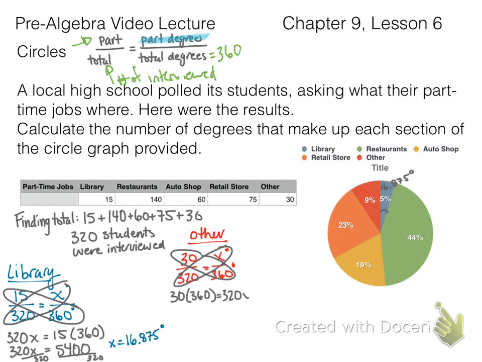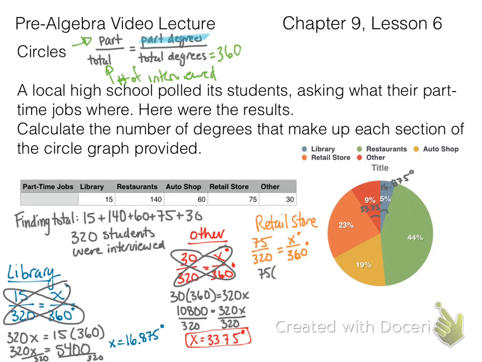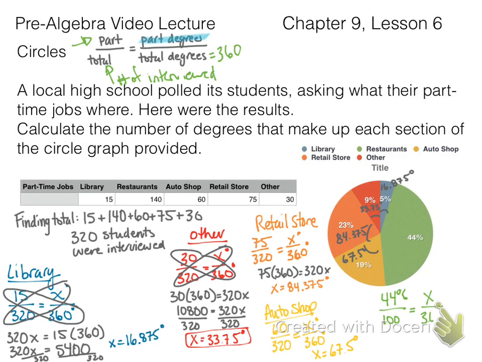And we're going to figure out that that represents 33.75 degrees. Retail was 75 students out of the 320. Do cross product, and it's going to be 84.375 degrees. Auto shop ends up being 67.5 degrees.